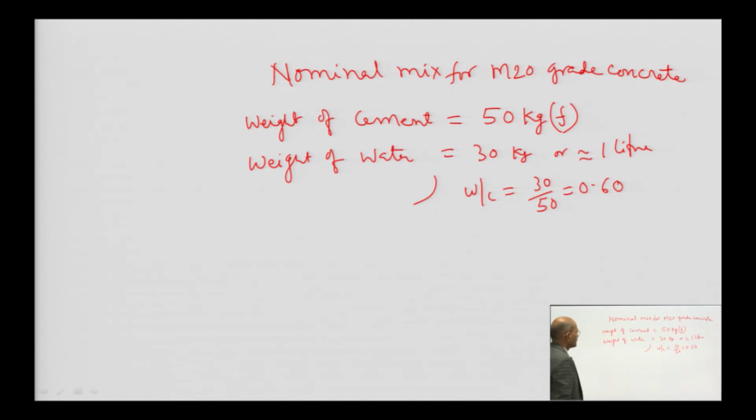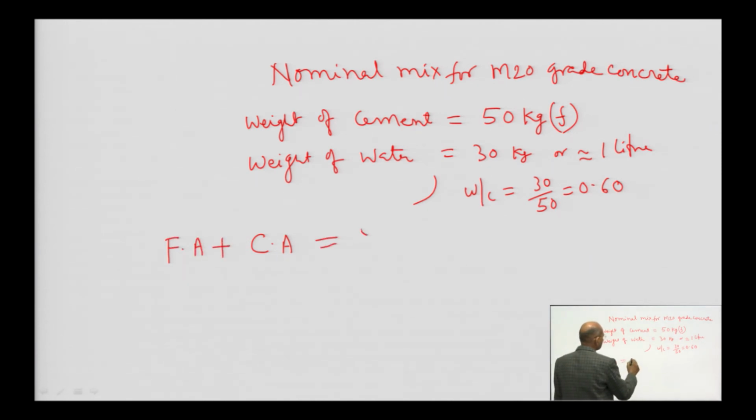So, now we have to calculate the amount of coarse aggregate. Fine aggregate plus coarse aggregate is 250 kilogram. Suppose I want to take a 1:2 ratio.